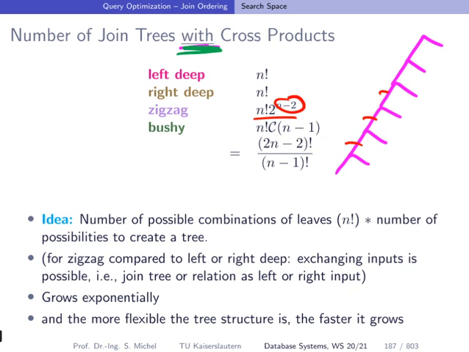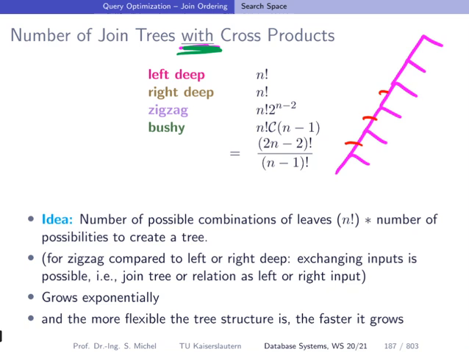So we have 2 to the n-2 different shapes, or structures, of zigzag trees. And now we multiply these 2 to the n-2 structures by the number of possible assignments of the n relations to the leaves, which is again n factorial. So in total we have n factorial times 2 to the n-2 possible zigzag trees.